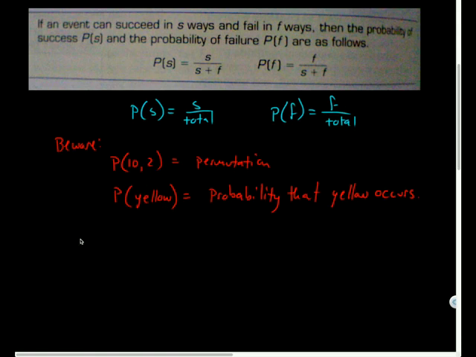The definition of odds is similar. Now, odds is not necessarily a number between 0 and 1. It could be beyond that, but odds is the ratio of successes to failures.